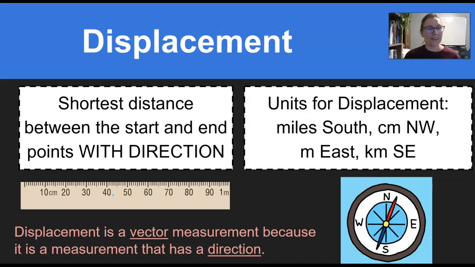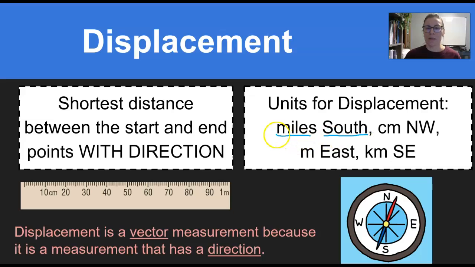Displacement is somewhat similar to distance, except it is the shortest distance between a starting and an ending point, and it has a direction. The units for displacement include the units that you saw before, but they also have a direction attached to them.